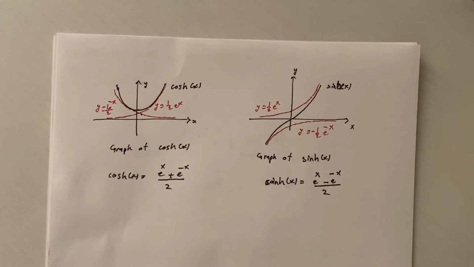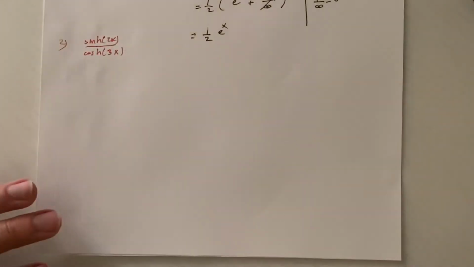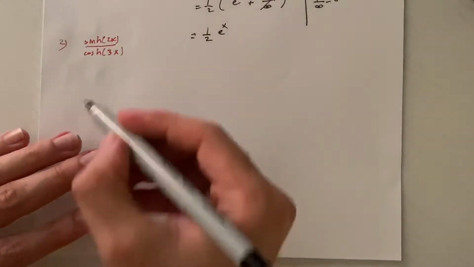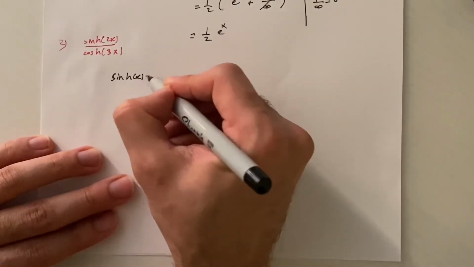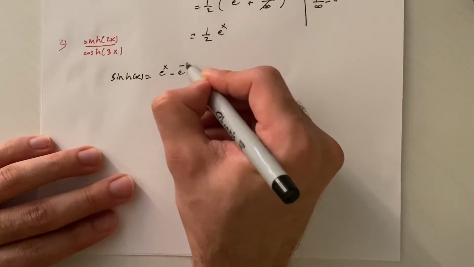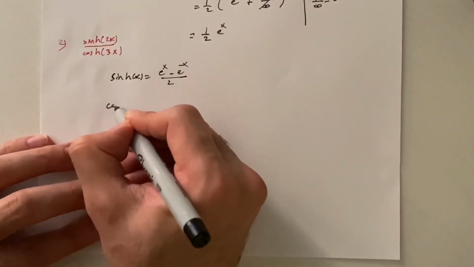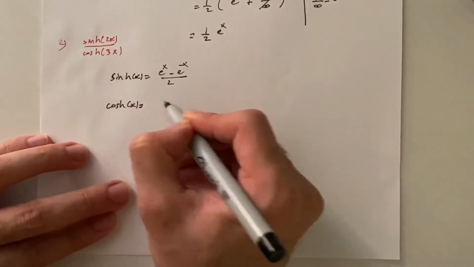Now for part 2, we have sinh of 2x over cosh of 3x. So first we start writing the definitions of both. The definition of sinh, as you see, and we're going to write the definition of cosh.